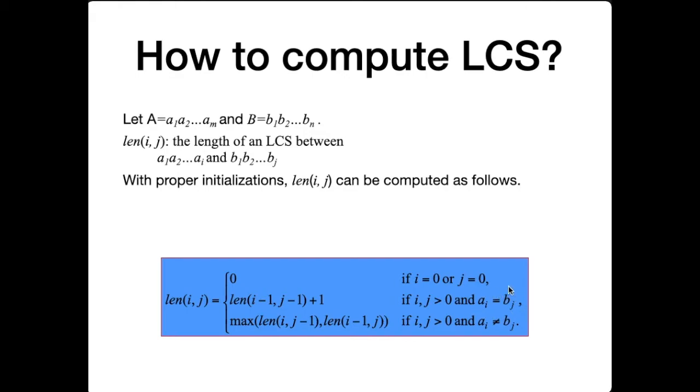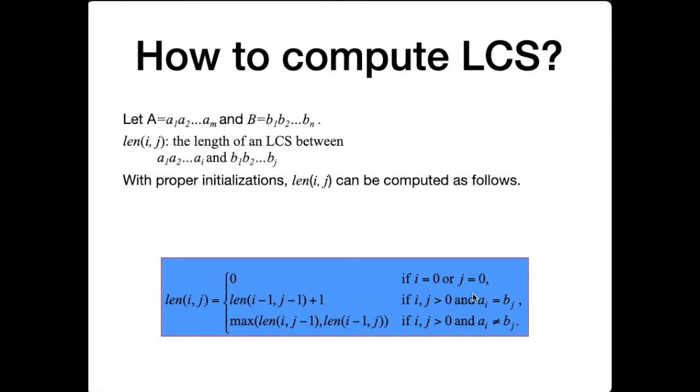If A sub i is equal to B sub j, then the length of the longest common subsequence is the length of the longest common subsequence of A sub 1 to A sub i minus 1 and B sub 1 to j minus 1, plus 1, because 1 is the count of the equal A sub i and B sub j.